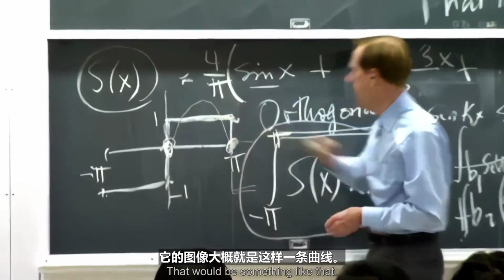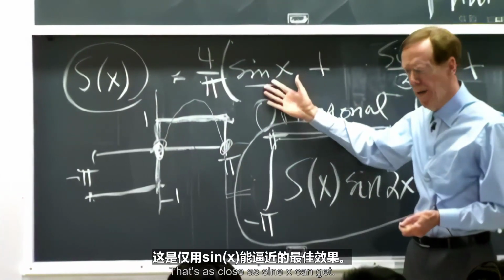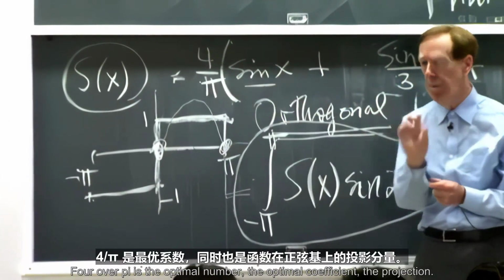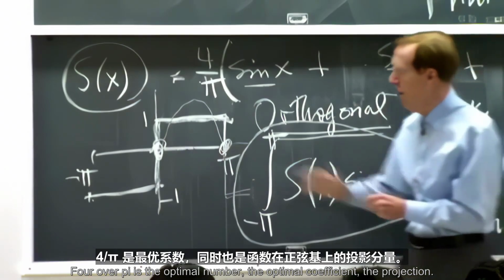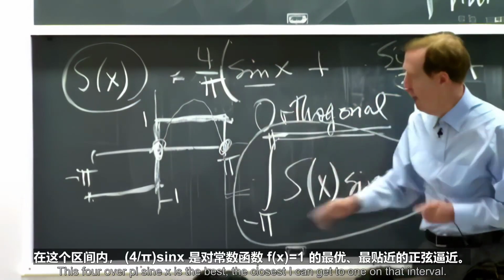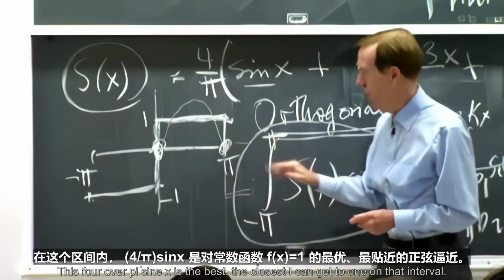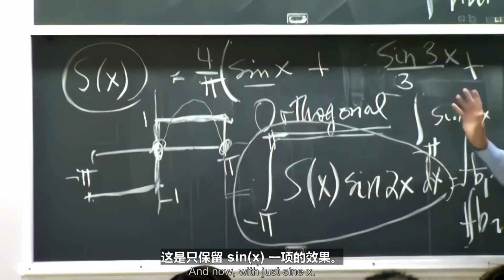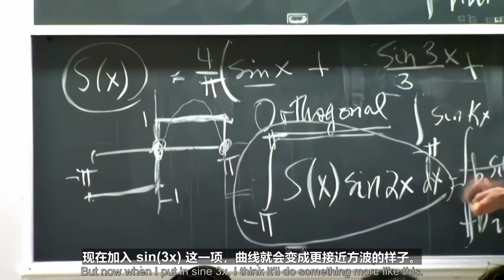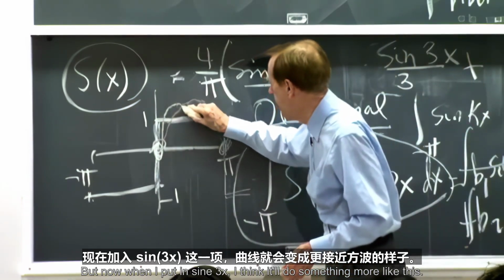That would be something like that. That's as close as sine x can get. 4 over pi is the optimal number, the optimal coefficient, the projection. This 4 over pi sine x is the best, the closest I can get to 1 on that interval, with just sine x. But now when I put in sine 3x, I think it'll do something more like this.